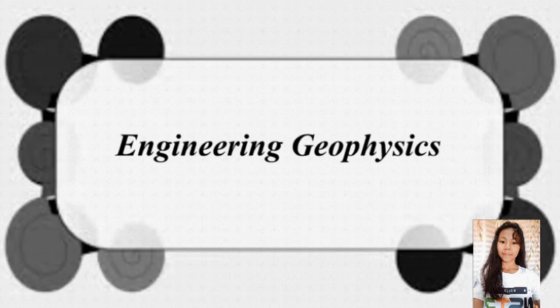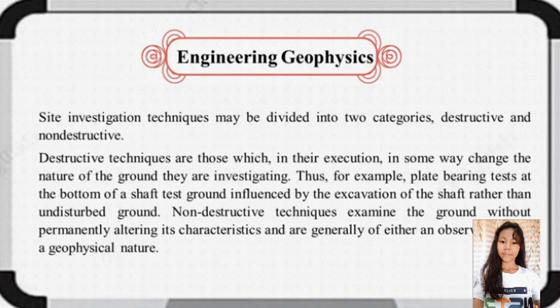Engineering geophysics. Site investigation techniques may be divided into two categories, destructive and non-destructive. Destructive techniques are those which, in their execution in some way, change the nature of the ground they are investigating.